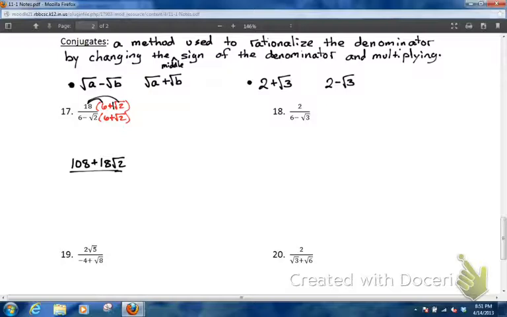We're going to FOIL here, and you're going to see something that happens. So 6 times 6 is 36. 6 times positive root 2 is positive 6 root 2. Negative root 2 times 6 is negative 6 root 2. And then negative root 2 times positive root 2 is negative root 4.